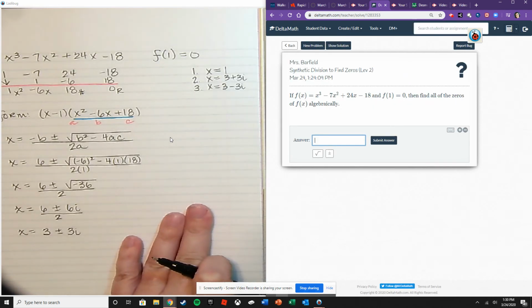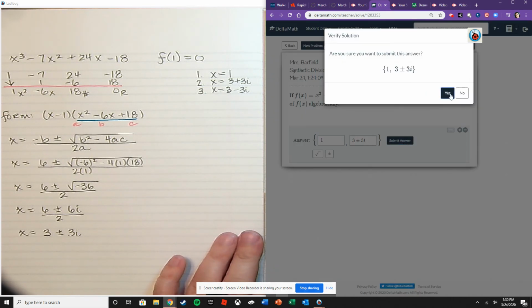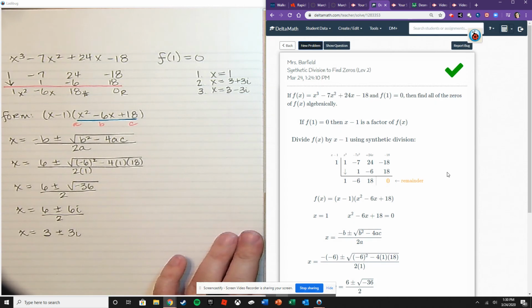Okay, so my first answer was 1, comma, and now I'm going to type in 3 plus or minus 3i. Okay, so 1, comma, 3 plus or minus 3i. And I'm going to submit. Yes. And there we go.